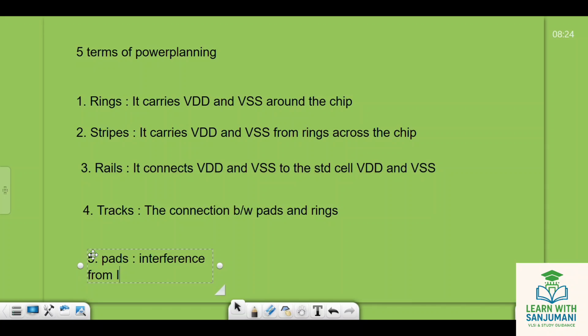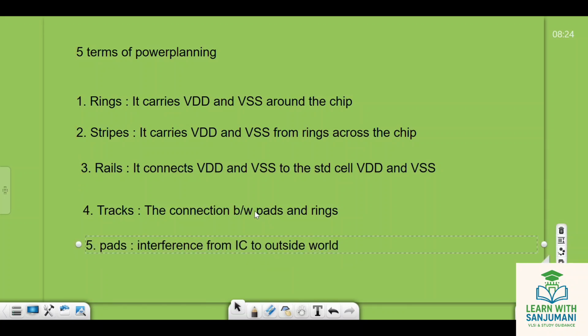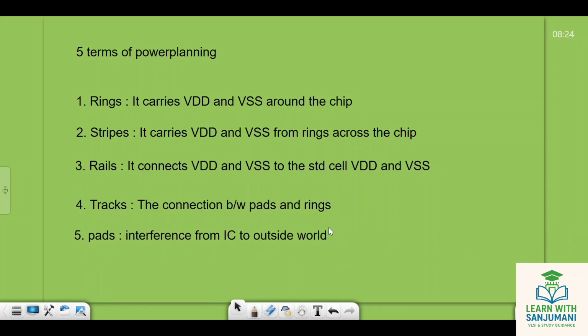It interfaces the power of the IC to the outside world. It is coming from the outside of the chip. That is nothing but the pad. So tracks is nothing but the connection between the pads and the rings.